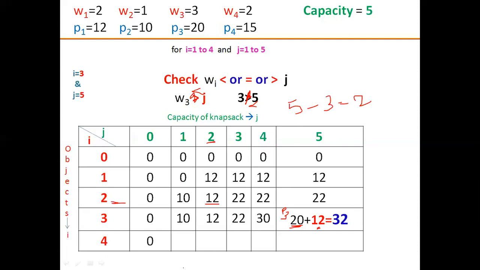So now with the help of second row, we have filled third row. Finally, we have to fill fourth row, the last row of the table, which will give us the optimal solution. So now how to do this? So now here, fourth row, W4 and capacity 1.